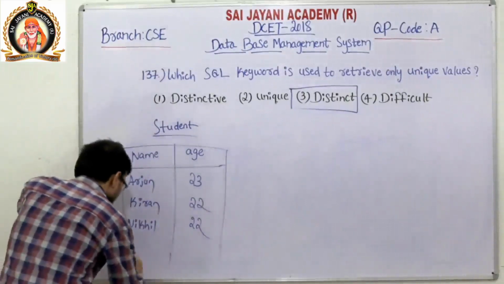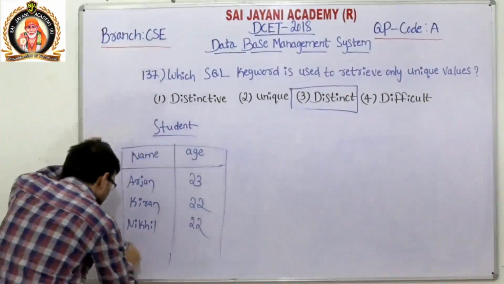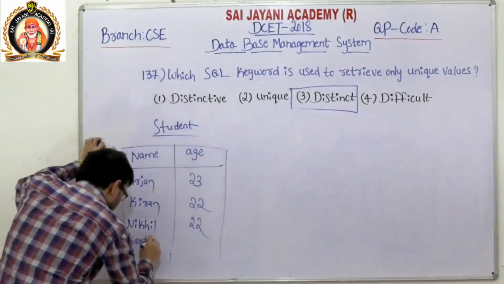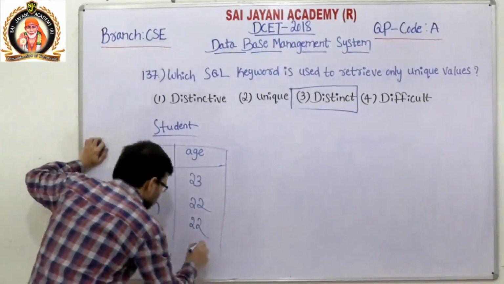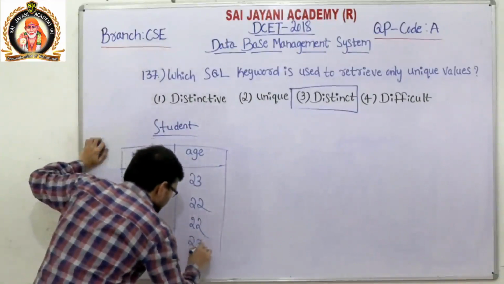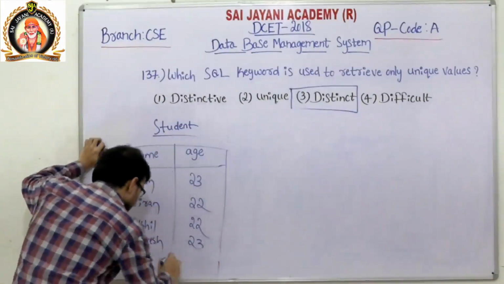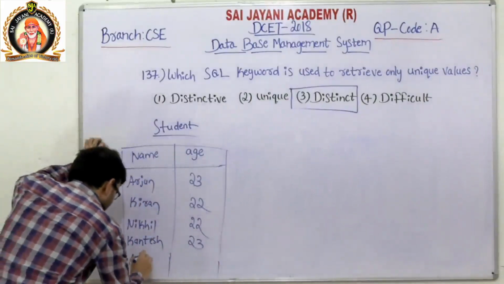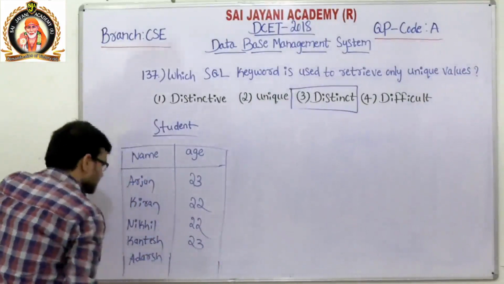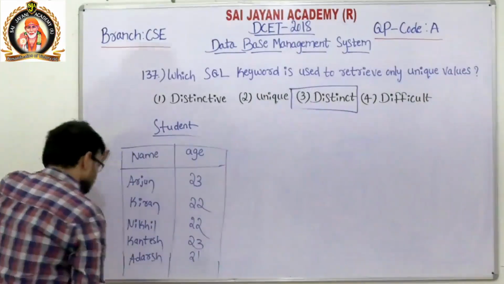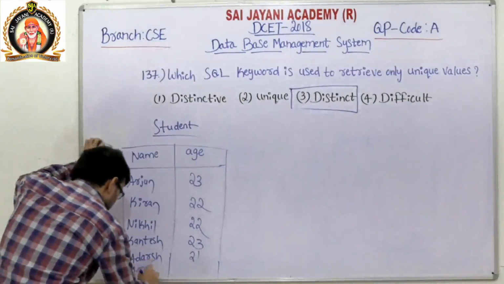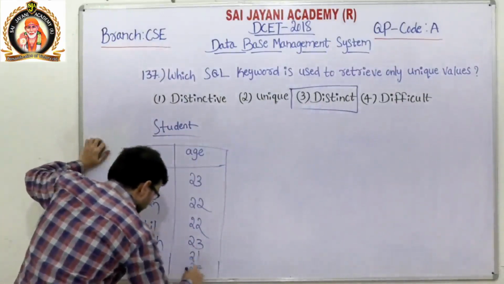Another student name is Kantesh, his age is 23, and then Adarsh, his age is 21, and then Amok, and his age is 24.